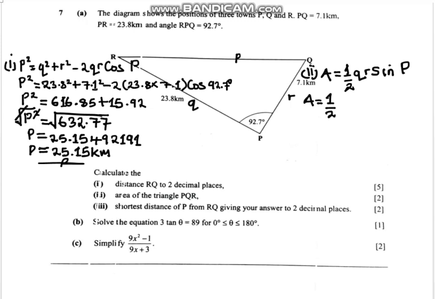On q this is 23.8, then times r 7.1, then sine, the angle is 92.7 degrees.